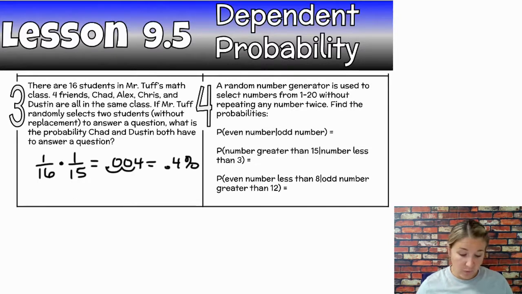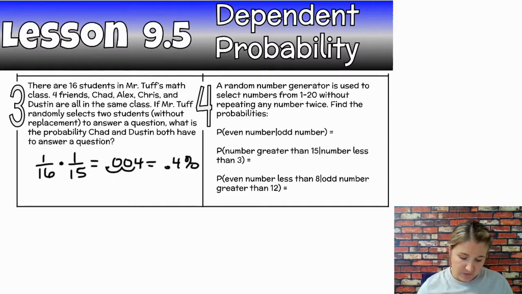Okay, on example 4, we're going to have that random number generator. It just randomly selects numbers, but this time we tell it not to repeat any numbers. So after it selects a number, that's kind of scratched out from the numbers that it can pull from now. So we're going to find the probability that you get an even number and then you get an odd number.